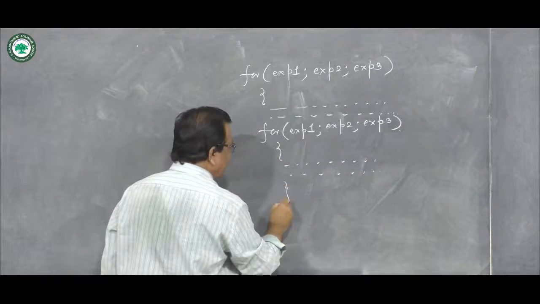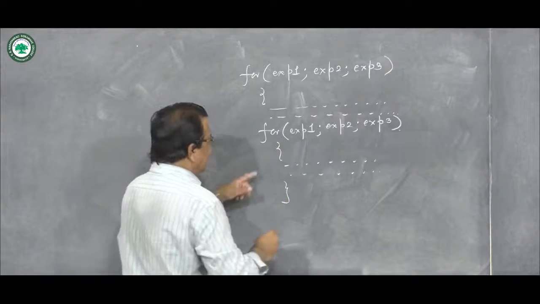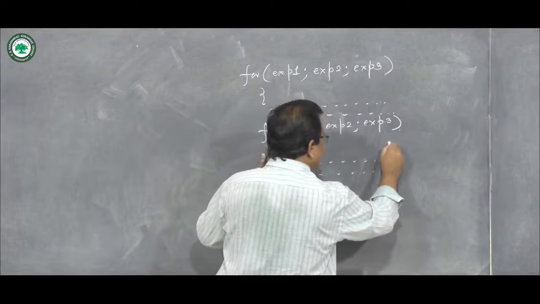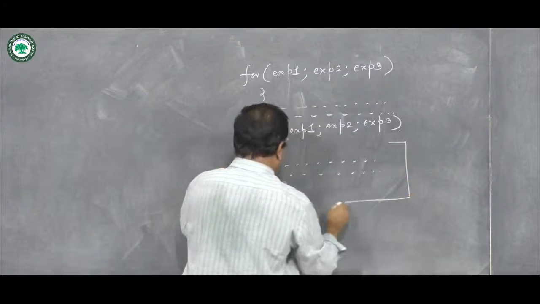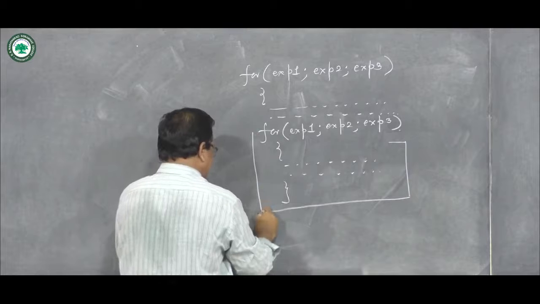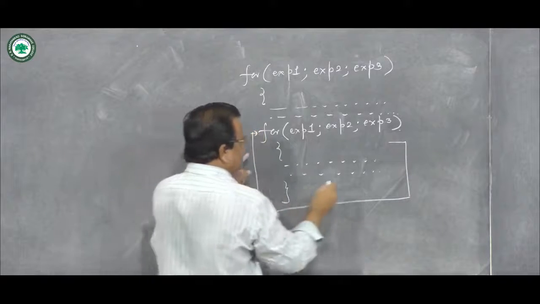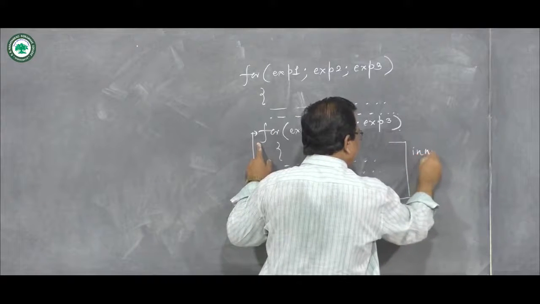This is inner for loop, which will get executed like this, from this to this. This is inner for loop.